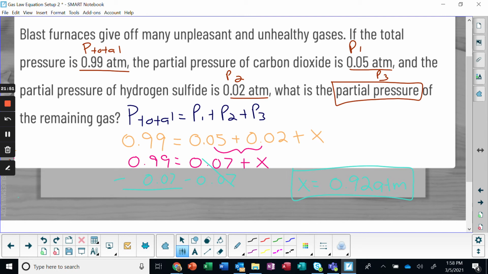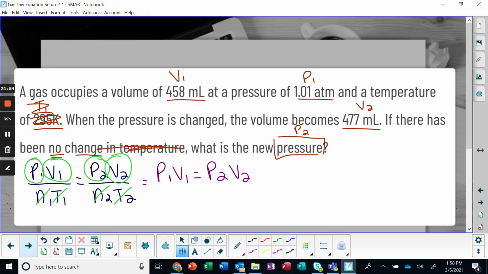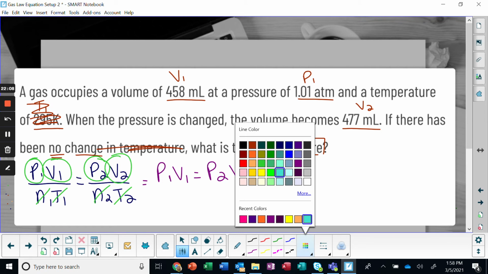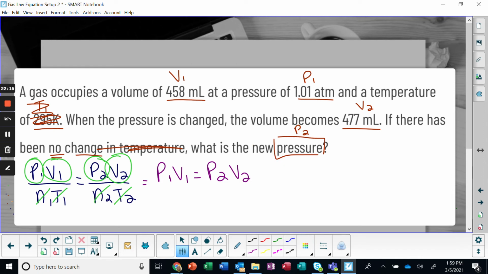Alright, so just a few more. Again, I'm going to let you solve this problem. And pause when you're ready. Alright, so we have our equations. We need to make sure that everything is in our correct units. Pressure can be in any units. Sorry, volume must be in liters.